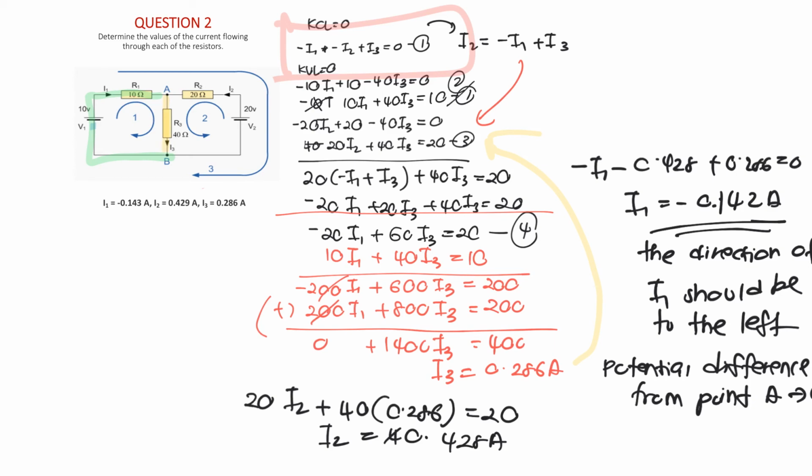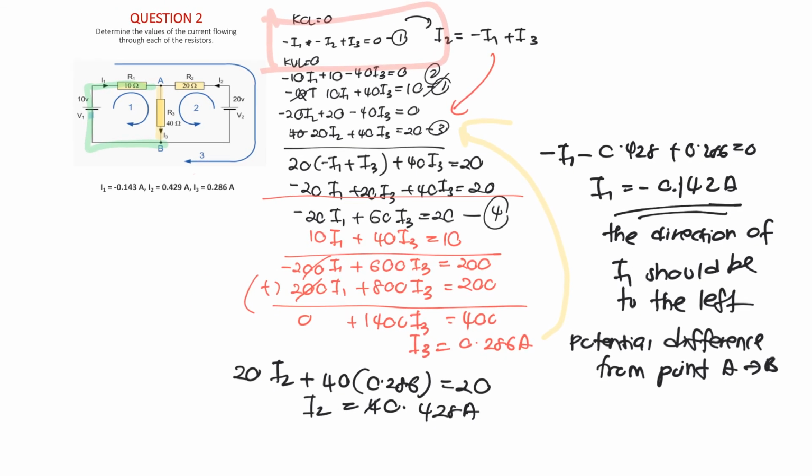If you use the potential difference, for any answer that is negative, you need to fix or correct the direction first before you proceed with the questions for the potential difference and terminal voltage. You need to choose the directions that are already correct. Now my I1 came out negative, therefore the true direction should be to the left.